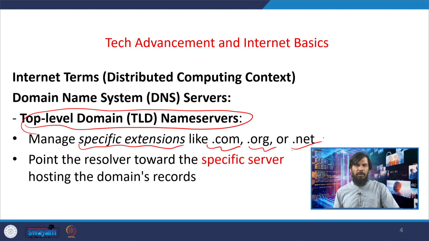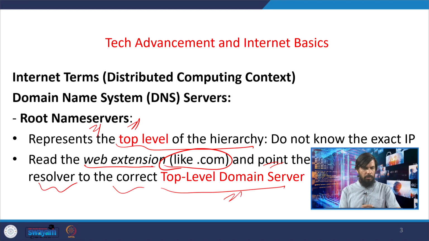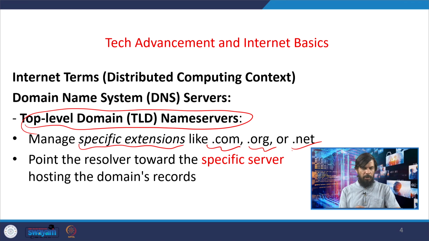These are the different extensions that were identified by the previous step, root name servers, and therefore, hopefully the DNS resolver has reached the right TLD name server, and once that happens, then that correct TLD name server will point the resolver toward the specific server hosting the domain's records, right.